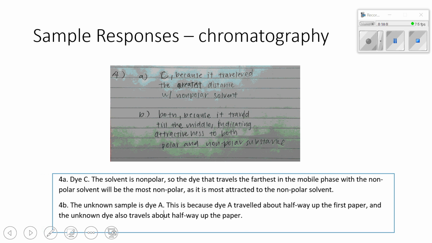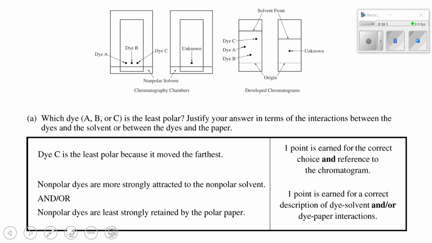Let's actually look at the scoring guidelines first on this one. So dye C is the least polar because it moved the furthest. This is a 2-pointer. So you got a point for identifying dye C, and then you got a point for your explanation. Your explanation needs to include a description of the interactions between the dye and the solvent, or you could also compare the interactions between the dye and the paper.